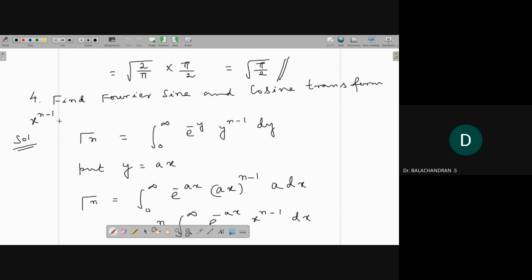Also prove that 1 by root x is self-reciprocal under Fourier sine and Fourier cosine transform.